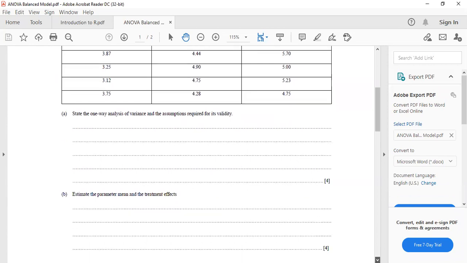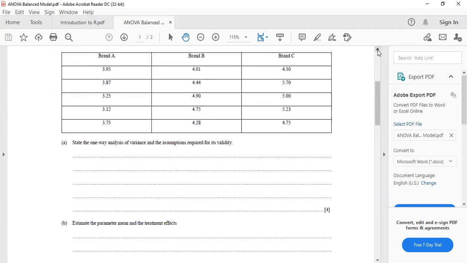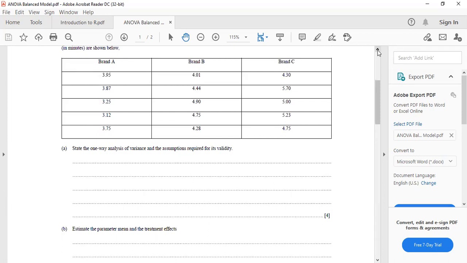Now we want to estimate the parameter mean and the treatment effect. For us to estimate the parameter mean, we need yi dot. What is yi dot?